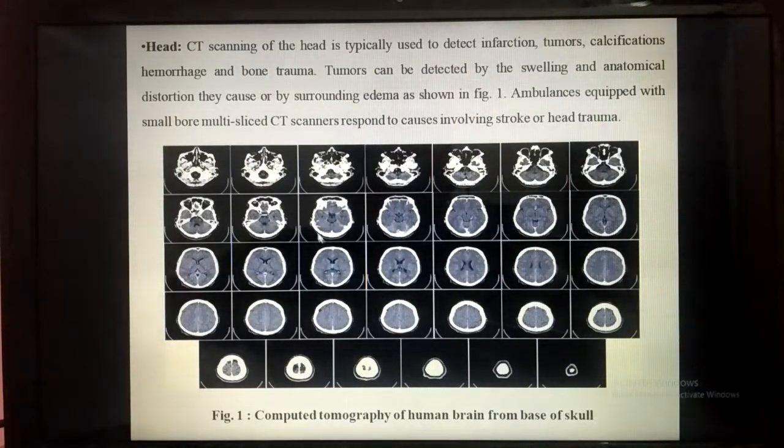These are the slices. So many slices are given by computer tomography, and these are the 3D images. Ambulances equipped with small-bore multi-sliced CT scanners respond to cases involving strokes and head trauma.